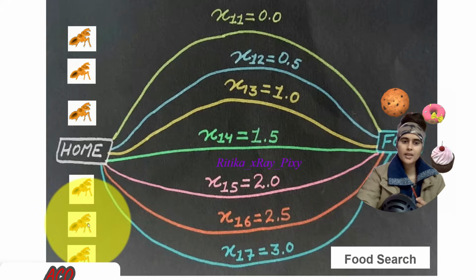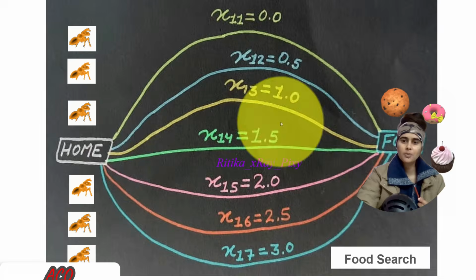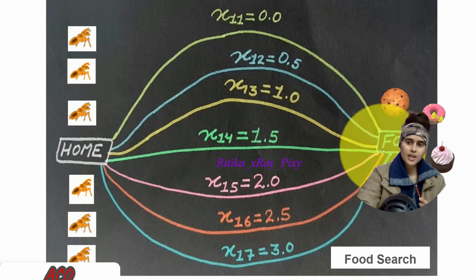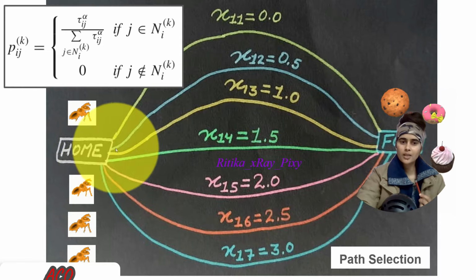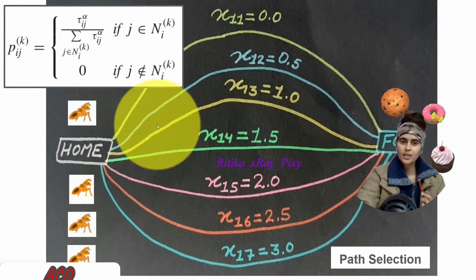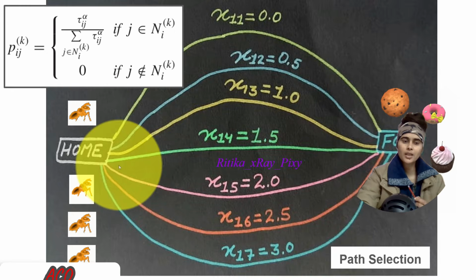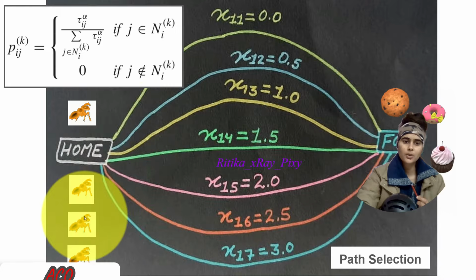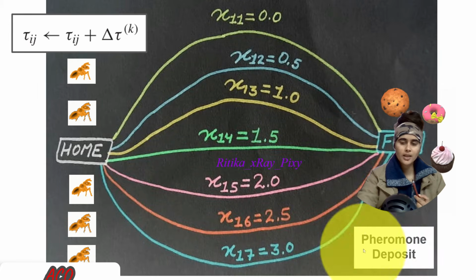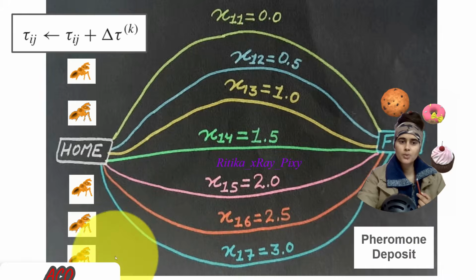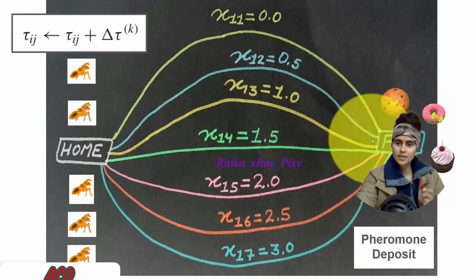After that, ants will start the food search and they can select any path to reach the destination. Now each ant can select only one path at a time. So for that, we will calculate the probability for the path selection for the ants using this state transition rule. After that, we have the pheromone deposit, and the path visited by an ant represents a solution.